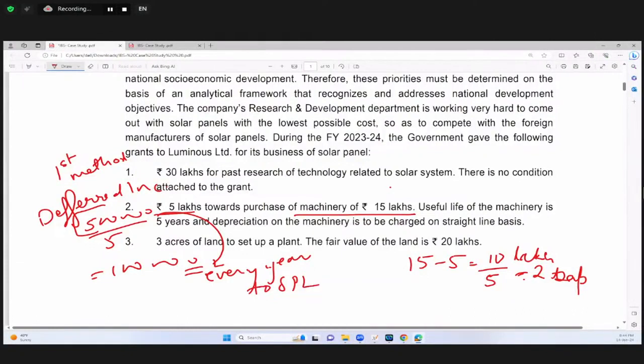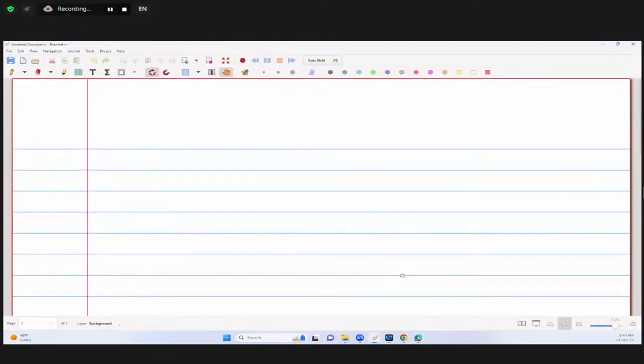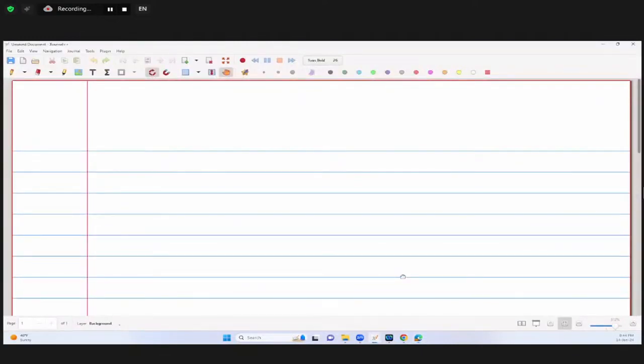Where I'll explain what is the impact of both the methods. In one case, we are recognizing depreciation on the full value of the machinery. So in the first method, where we are recognizing the amount of 5 lakhs as deferred grant, deferred income, what will happen?